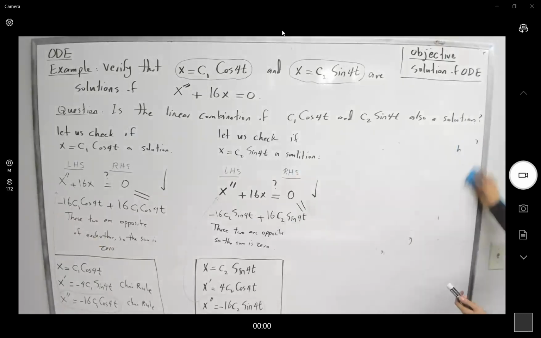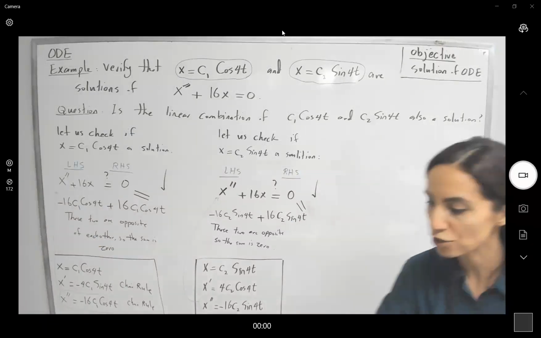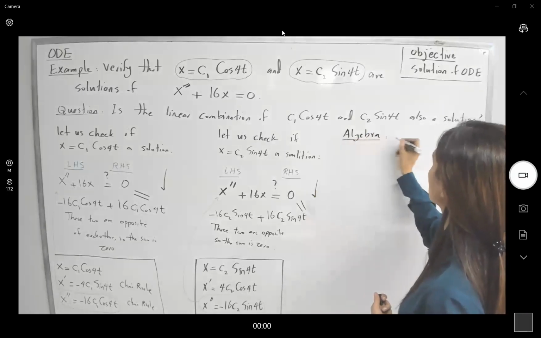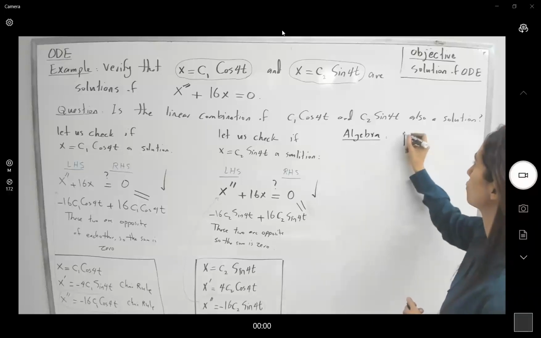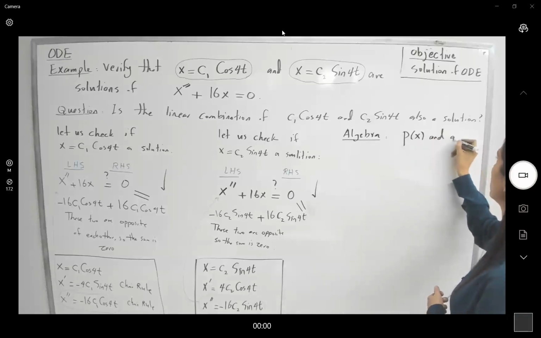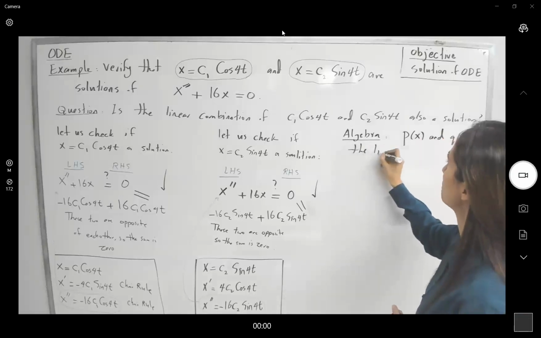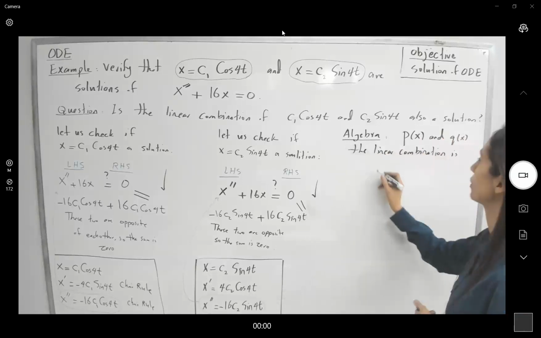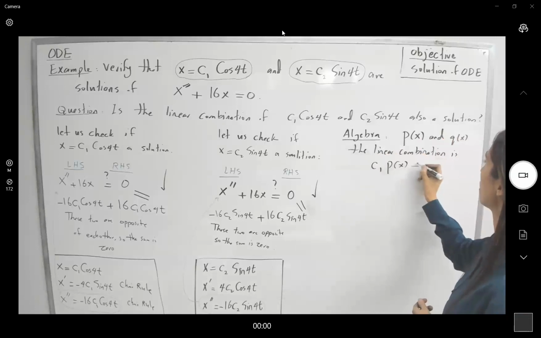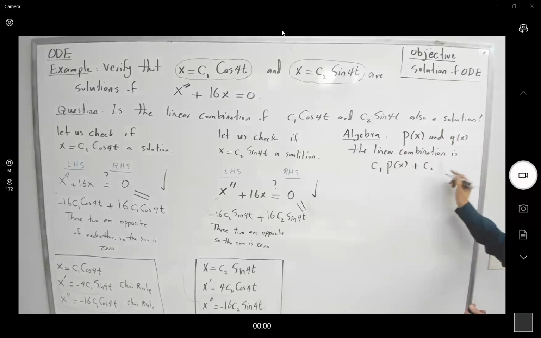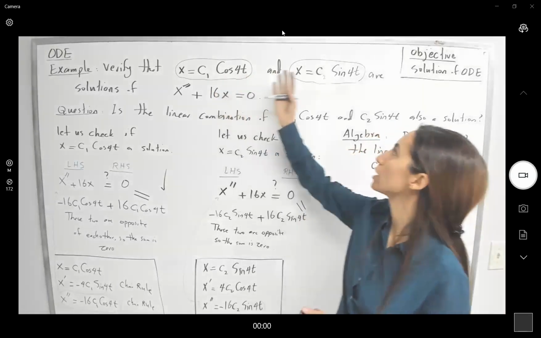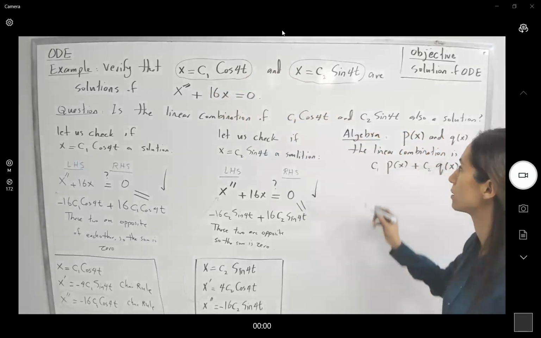Remember that if you have two terms, in algebra, we learned that if we have two terms, like px and qx, the linear combination is, for example, c1 px plus c2 qx. c1 and c2 are just numbers. This is called the linear combination. Well, I already have c1 and c2, so I just need to add these together.